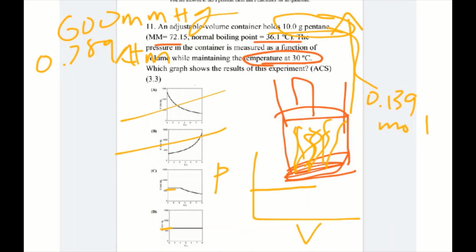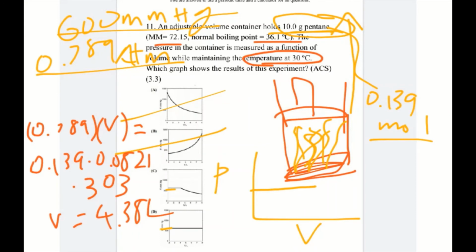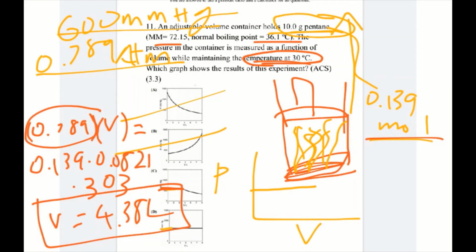So here I changed the millimeters of mercury into atm, and I changed the grams of pentane into moles of pentane, and we know the temperature, which is 30 degrees Celsius. So I calculated using the vapor pressure of pentane that it wants to have, and I got the moles and the temperature, and I calculated that with 10 grams of pentane, you can fill up at most 4.38 liters and still maintain the pressure of 0.789 atm, which is the vapor pressure of pentane.